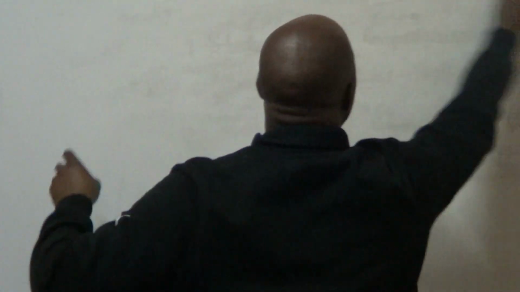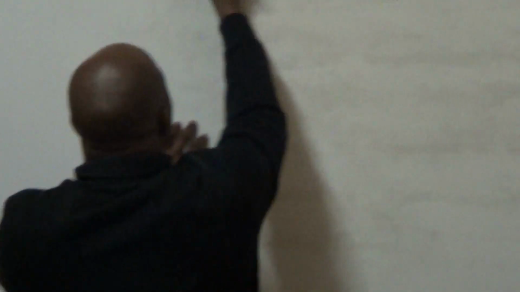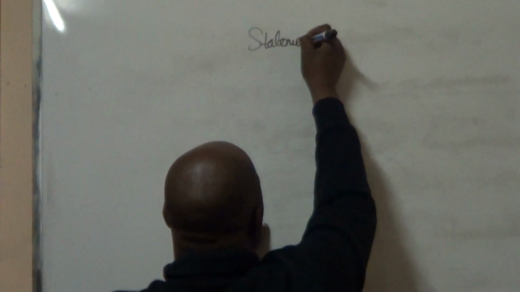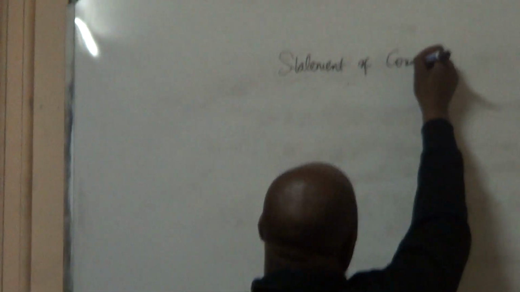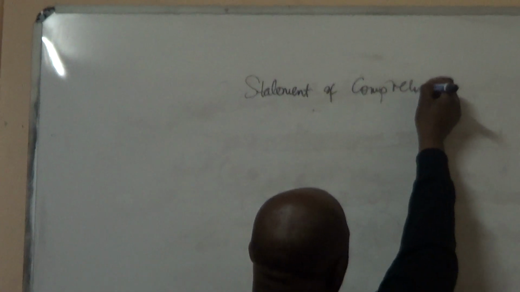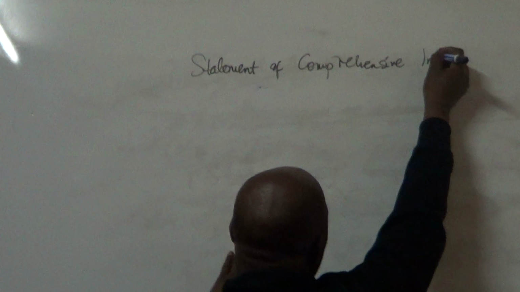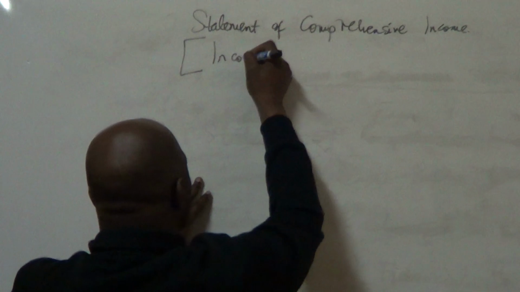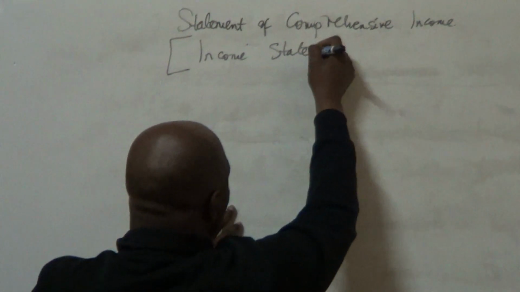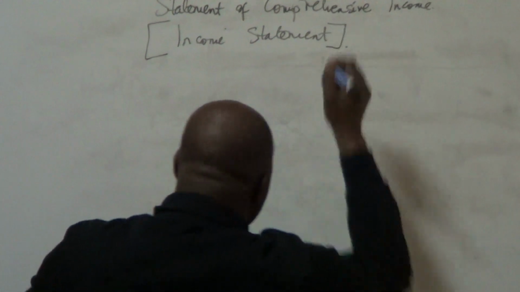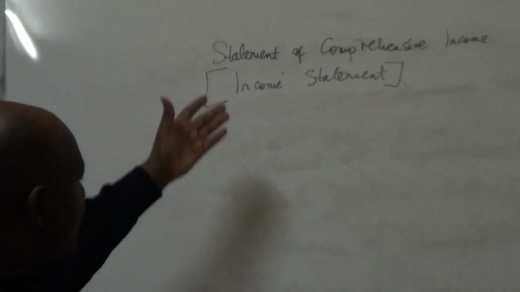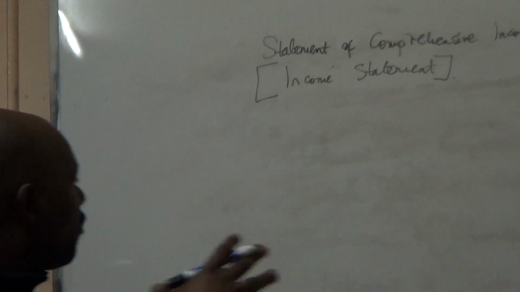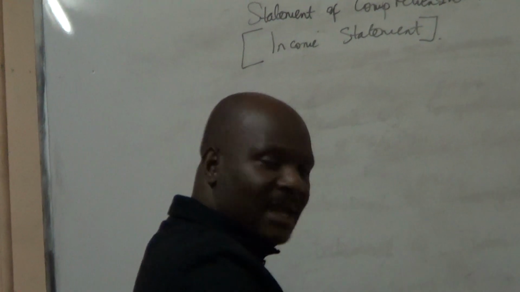Let's discuss the statement of comprehensive income. We say this is also the same thing as your income statement. So basically, this statement is showing the business how much profit the business has made, right?